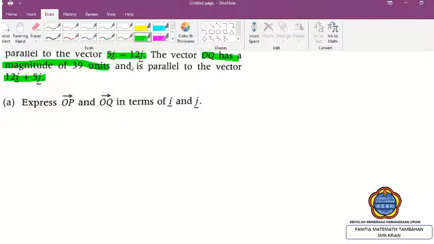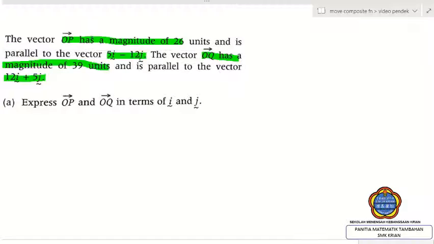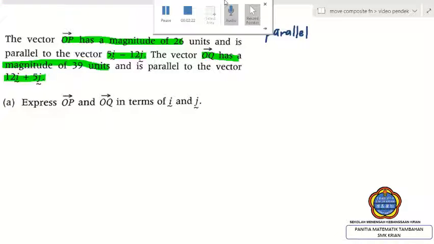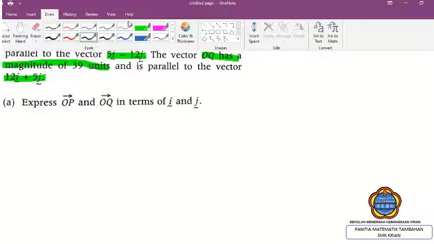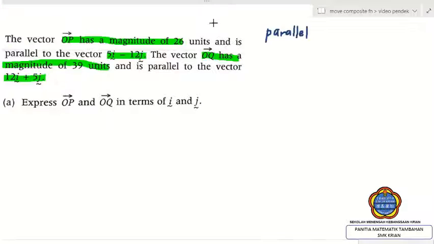When you read the question, it told us about parallel. What can you imagine and remember about what is meant by a parallel vector? It is actually like this. Parallel vectors have the same direction, and the lines are parallel.